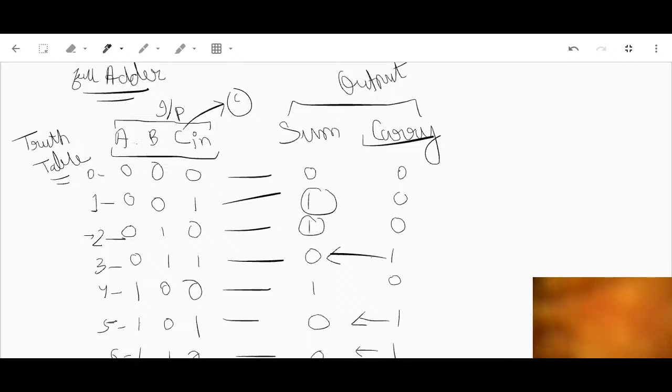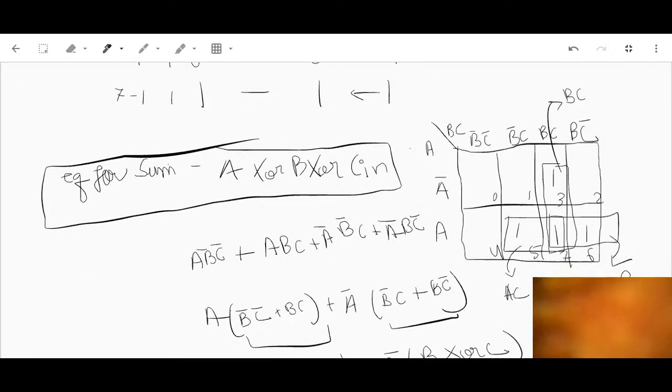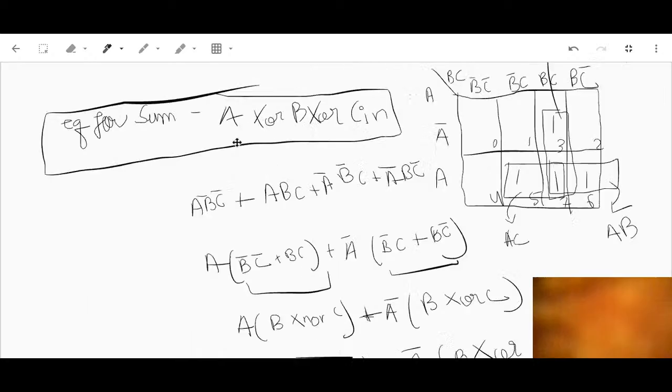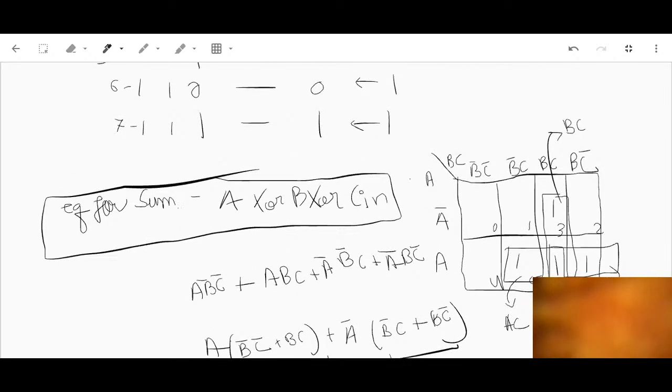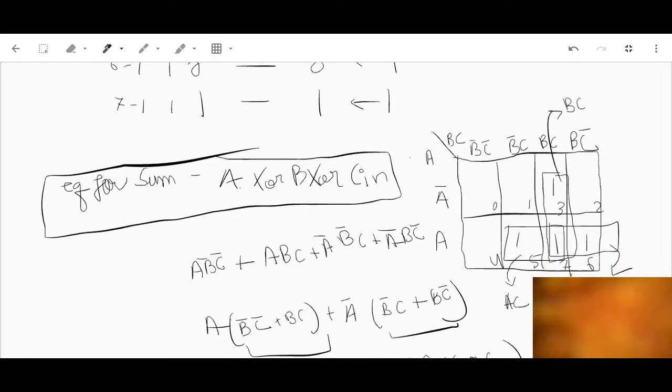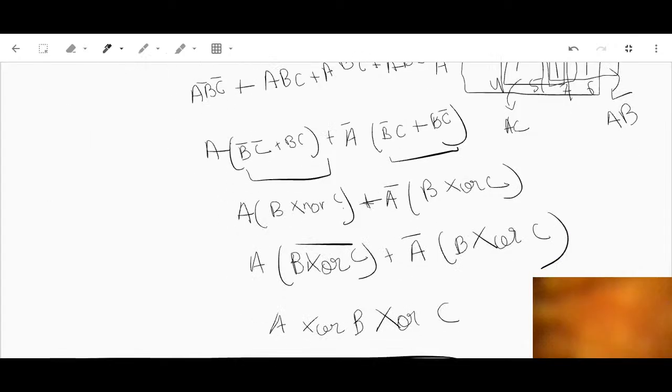There are three inputs A, B, and C in. So our inputs are A, B, and C in. Okay. These are three inputs, and first we draw the sum with the help of the equation of sum. So here will be A, B, and C in.